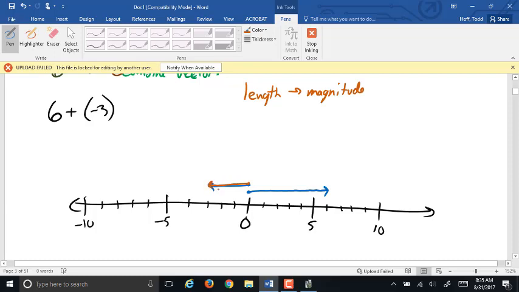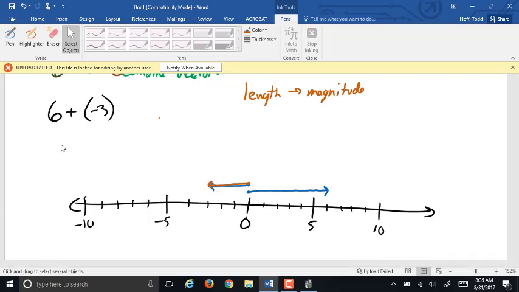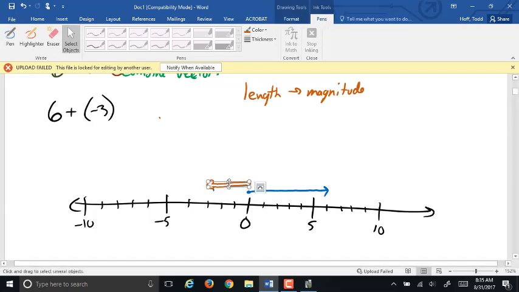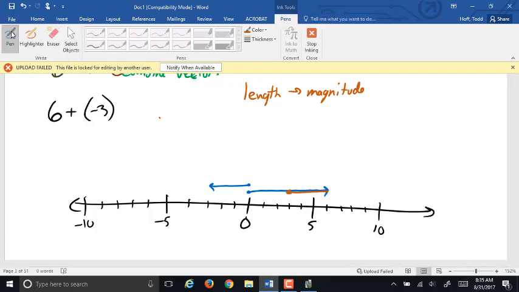So to add those together, we're going to do the same thing. We're going to take that vector, I'm going to drag it over here and put it with the vector for 6. And you can see we end up at 3. 6 plus a negative 3 is 3.